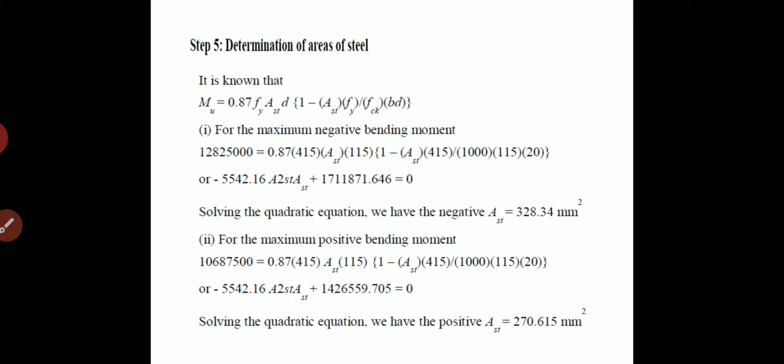These are the two values of AST: from maximum negative bending moment AST equal to 328.34 mm square, and from maximum positive bending moment AST equal to 270.615 mm square.